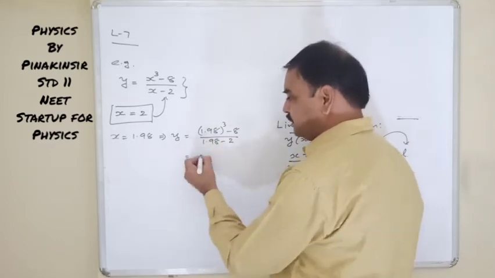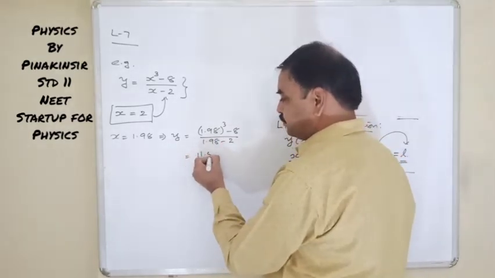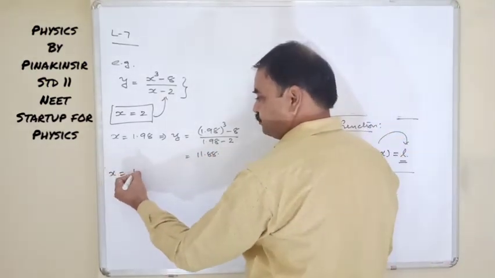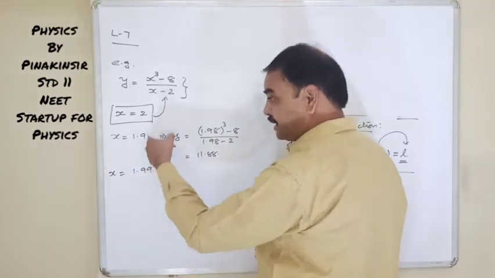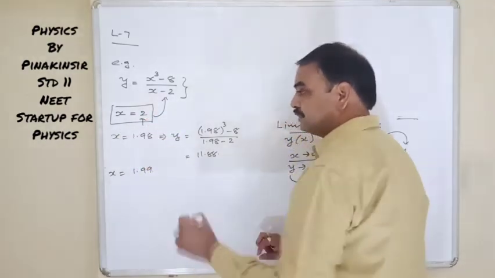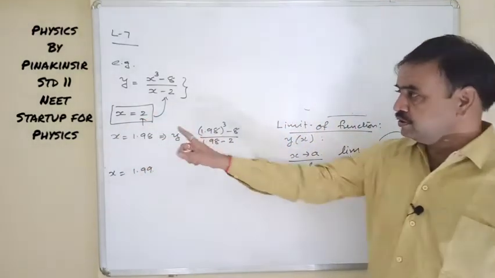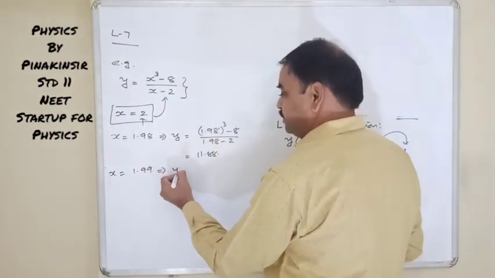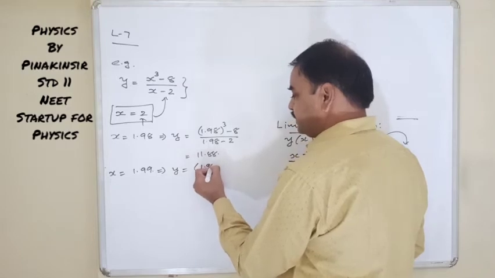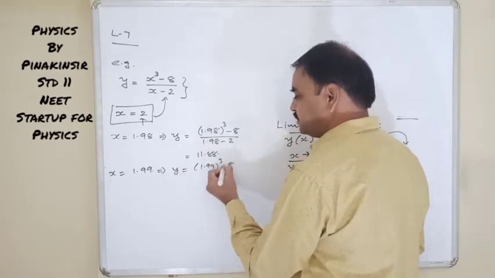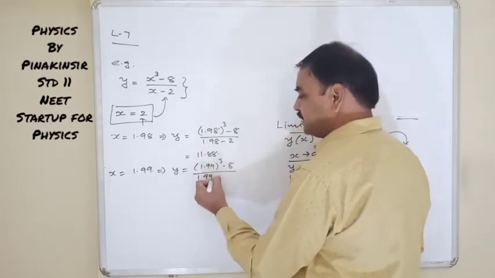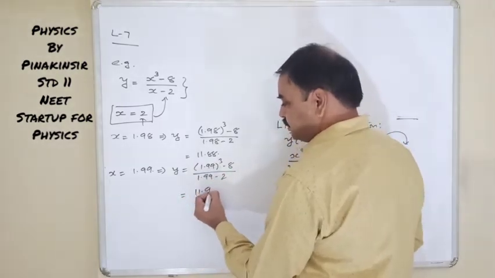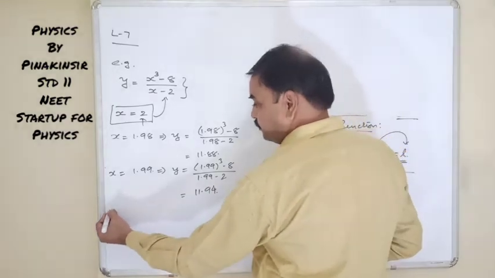Your answer will be approximately 11.88. You can check it out. For x is equal to 1.99, that is approaching the value 2, your y will be equal to 1.99 cube minus 8 divided by 1.99 minus 2. Your answer will be roughly 11.94.